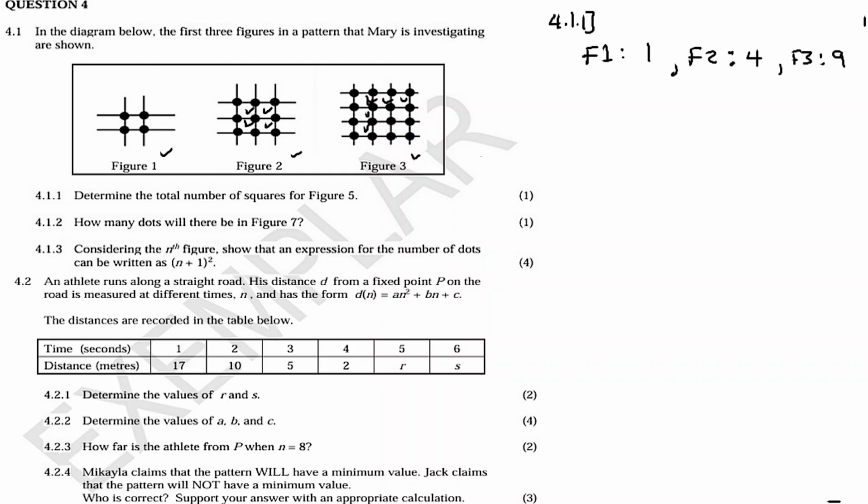Let's start to go exam thinking. Do I have to subtract? Let me try. 4 minus 1, 3. 9 minus 4, that's 5. Okay, I have a common difference. If I subtract further, I'm getting a 2. But this doesn't mean you actually have a quadratic. This is not confirmation that you have a quadratic number pattern.